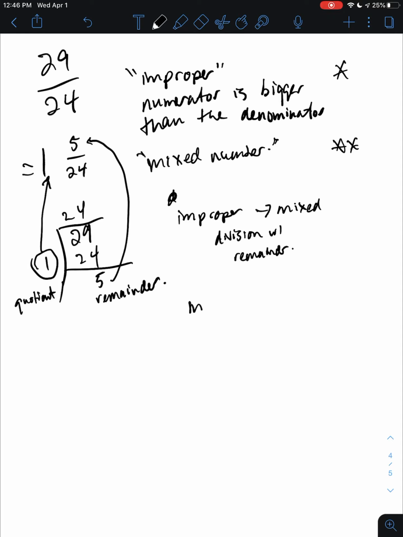And then to go from a mixed number to an improper fraction, this is the way I like to do it. So I'm going to take my friend here, 1 5/24. And in the context of a mixed number, this really means add.